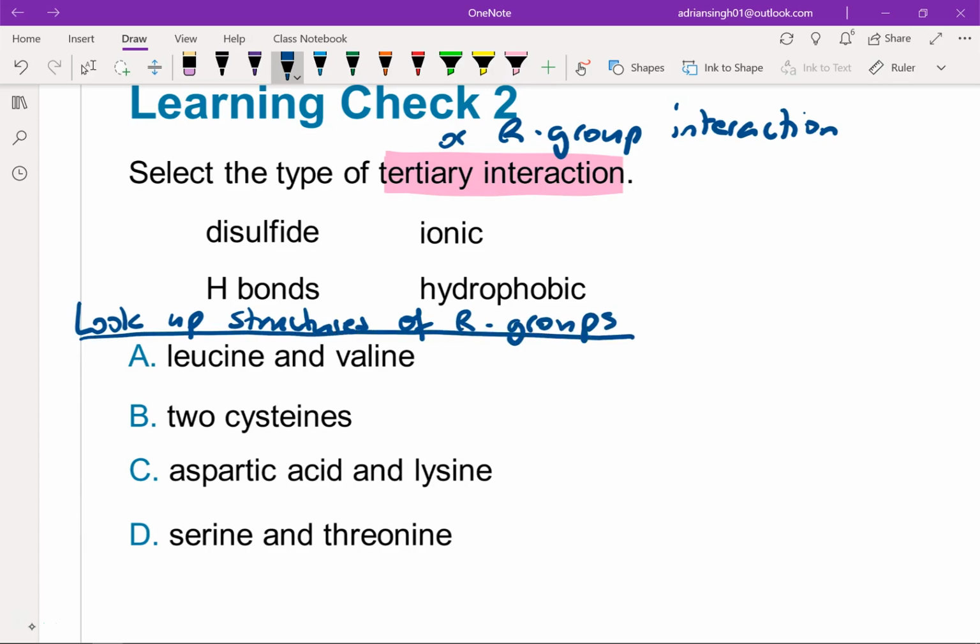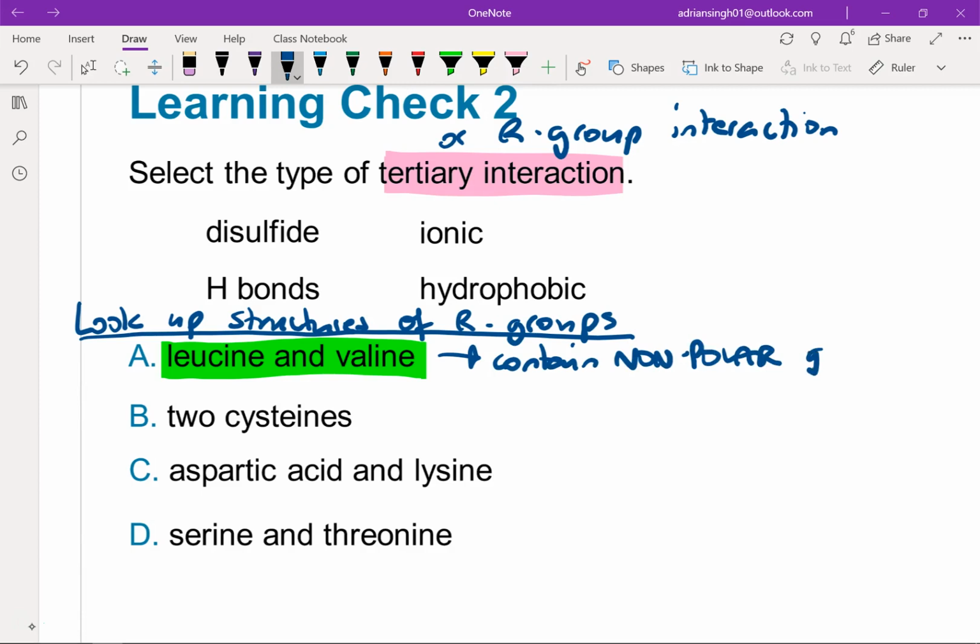All right, so if you look up the structures of leucine and valine, you will see that these contain non-polar R groups or side chains. So that means that they are going to interact with each other with your hydrophobic interactions.